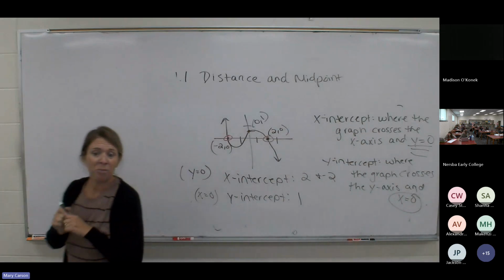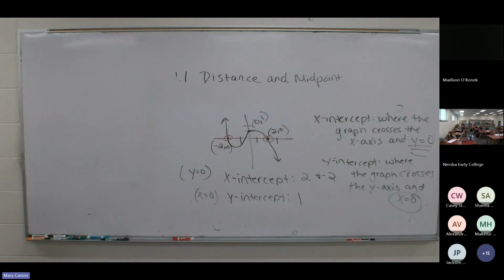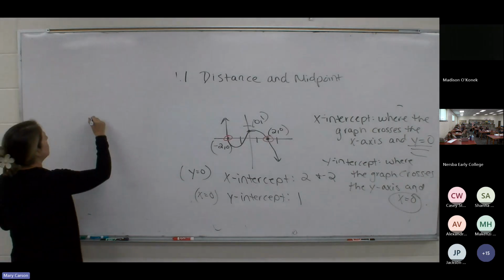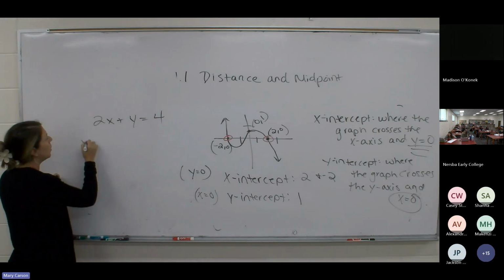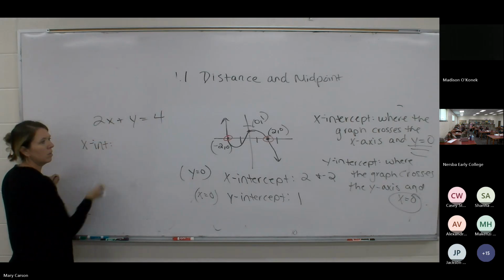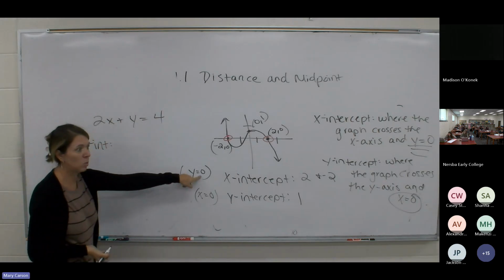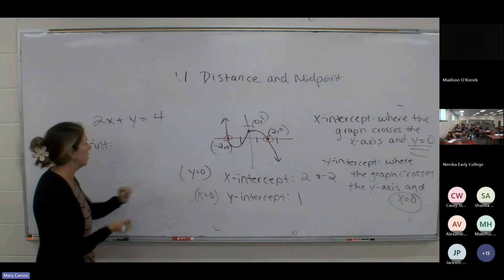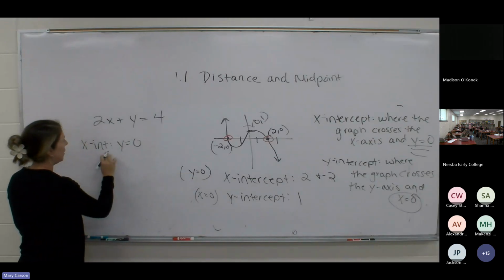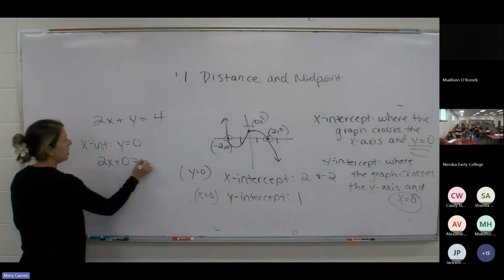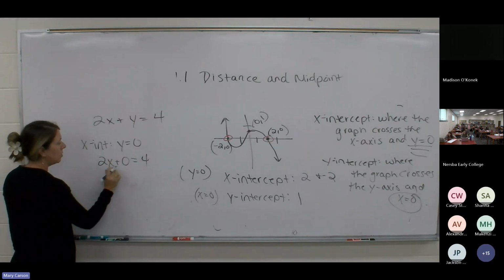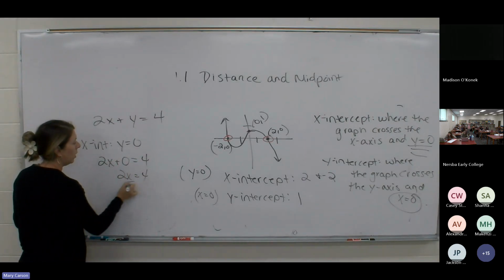So if you ever have to find the x-intercept or the y-intercept, you know what to plug in, right? If I give you guys 2x plus y equals 4, and I want to know what is the x-intercept. Well, we know y is going to be 0, right? So all I have to do is plug that information in and I can find it. 2x is equal to 4, divided by 2.